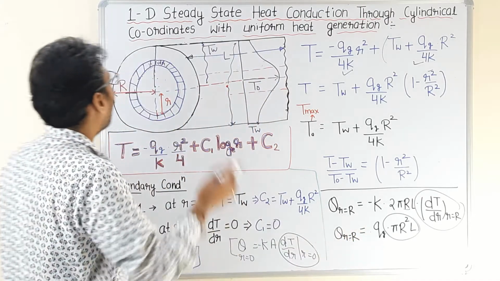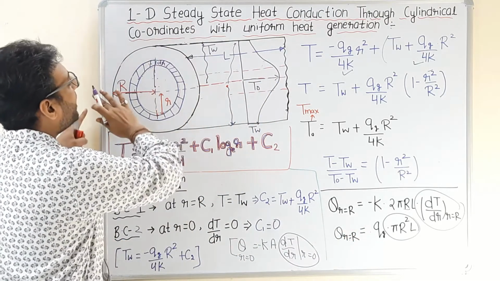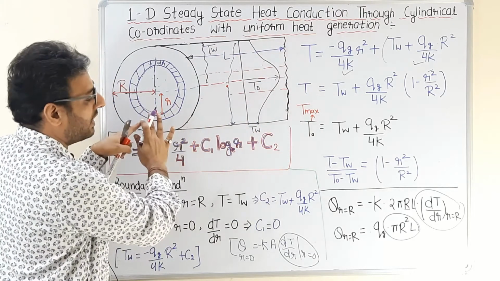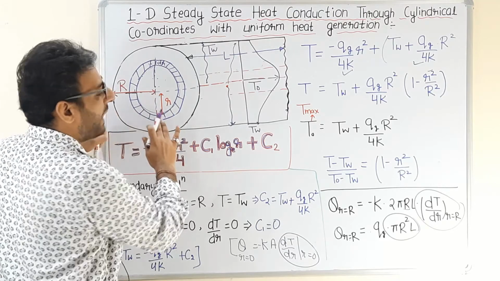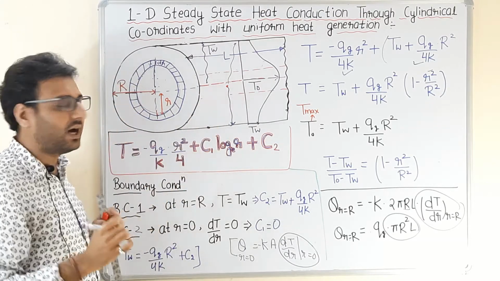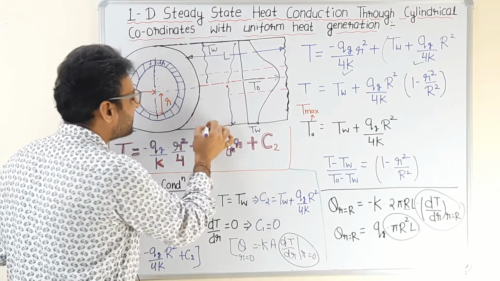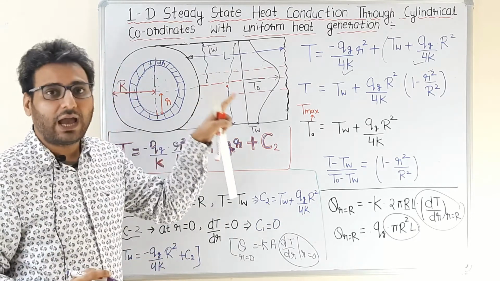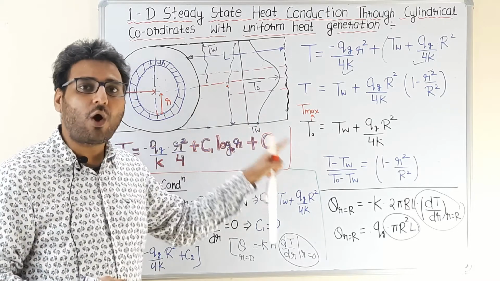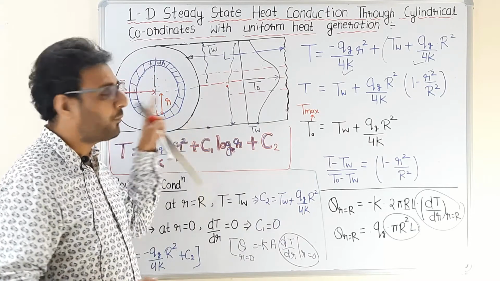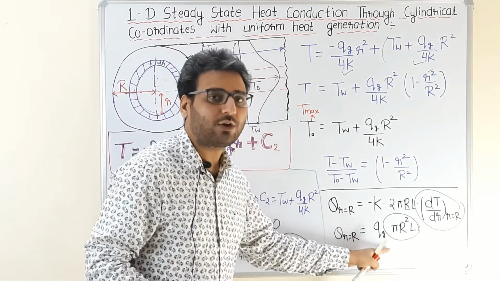It means whatever heat is generated in this whole volume of the cylinder will reach the surface by conduction, and from the surface this heat will be convected to the atmospheric air. As I already told you at the start of the lecture, we have proved this fact also.